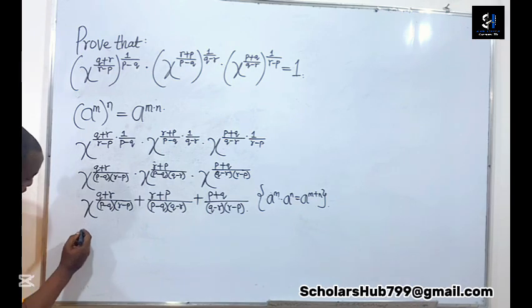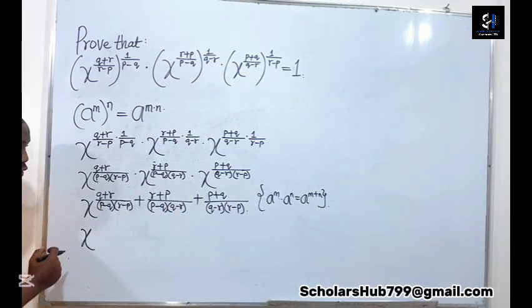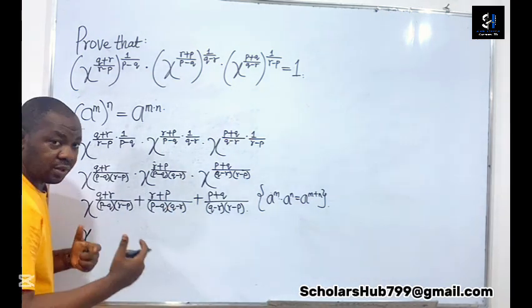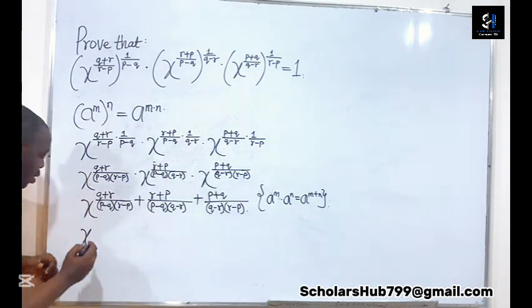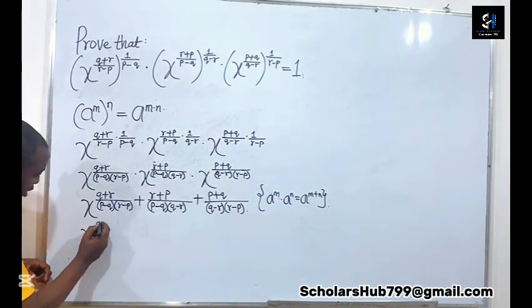So to get a common denominator of the product of p minus q, q minus r, and r minus p, I'll do it this way.